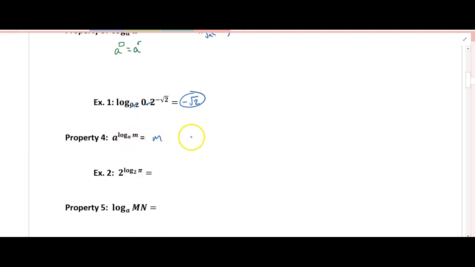Here's what you need to understand: the inverse operation of log base a is taking a and raising it to that log. So basically, this wipes this out and leaves you with that. So when I do 2 to the log base 2 of pi, this 2 wipes that out and leaves me with pi.